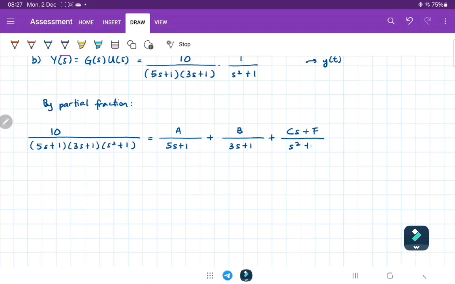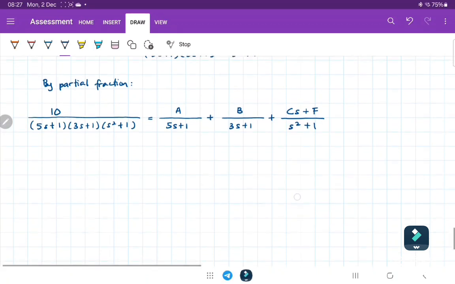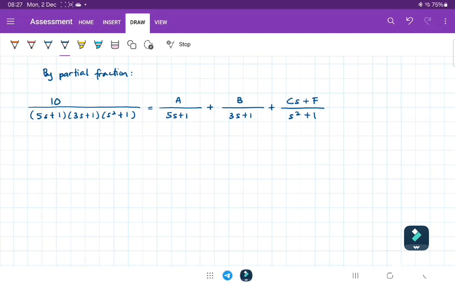And this is over s squared plus 1. So for A and B, since they are real and distinct roots, we can solve them the way that we did in part A.